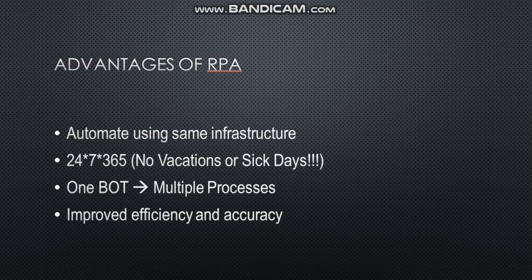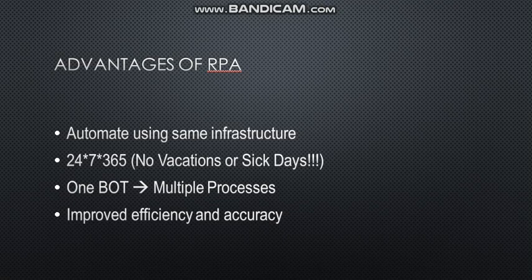We can train one bot to perform multiple processes a day. Let's say we can start off with trying to download PDF files from a website. We can log in just like a user does and download multiple files in that day, and post that we can even start emailing those files.